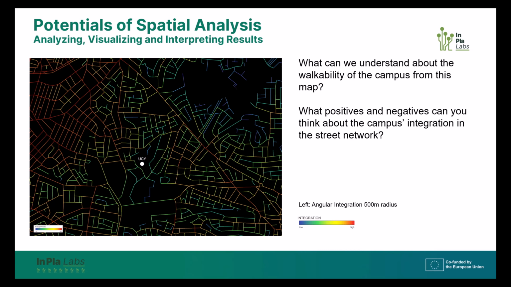Have a look at this for a few seconds, and can anyone tell me what we can understand about the walkability of the campus from this map? Any thoughts? What positives or negatives can you consider in this map? If you are on Zoom, feel free to jump in. Same in person.